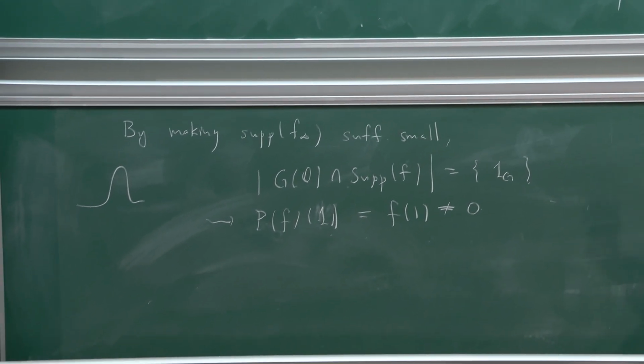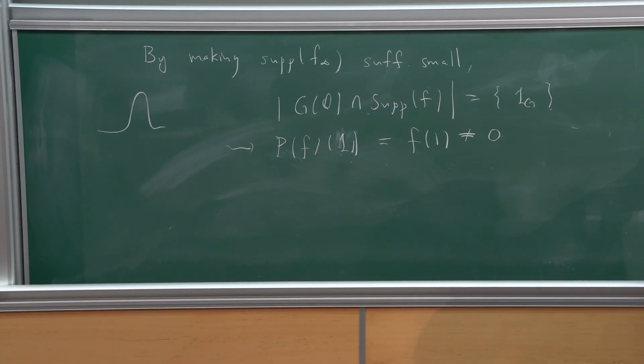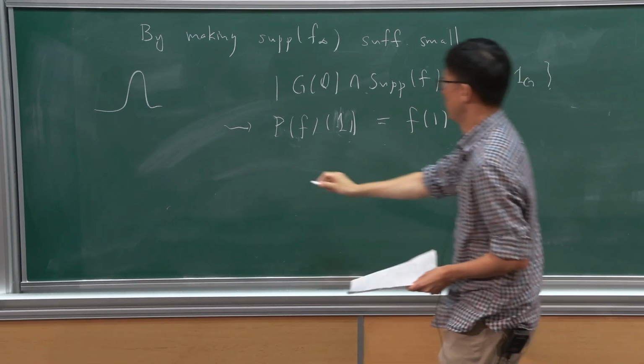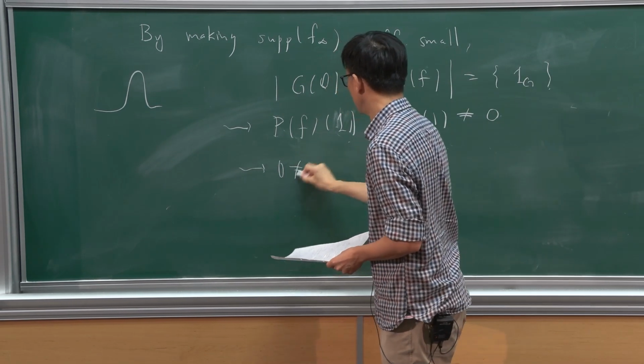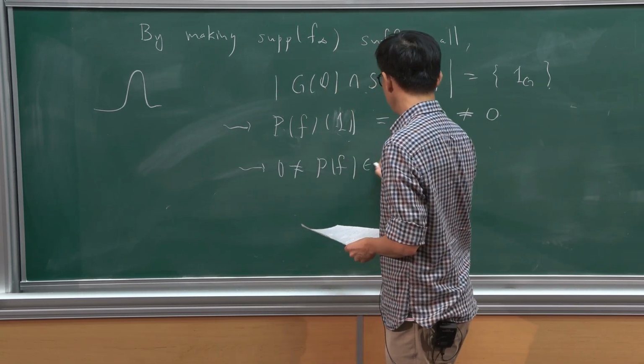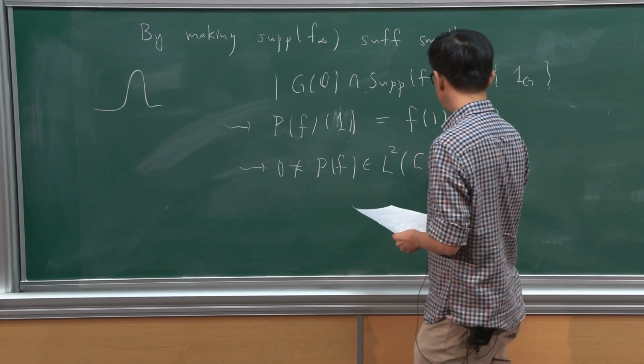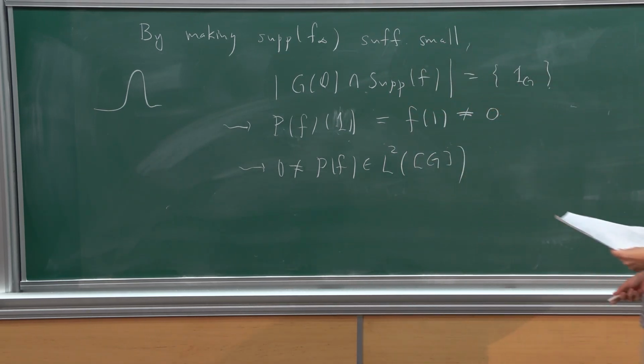Okay, so at least we know it is not 0. So this means that we have a non-zero vector. Well, the function is completely supported, so it is certainly in L2. Okay.